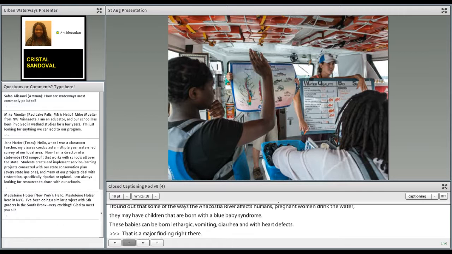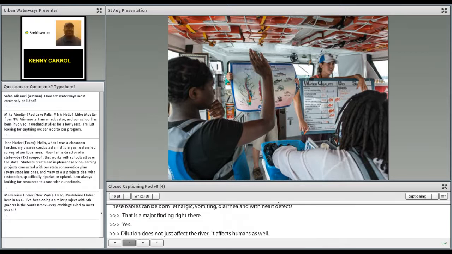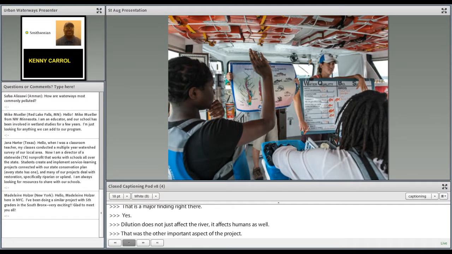I think that was the other important aspect of the project with the Anacostia Community Museum, is that the students were broken into teams, and the teams had to identify both a problem that the watershed faced, and then present solutions.